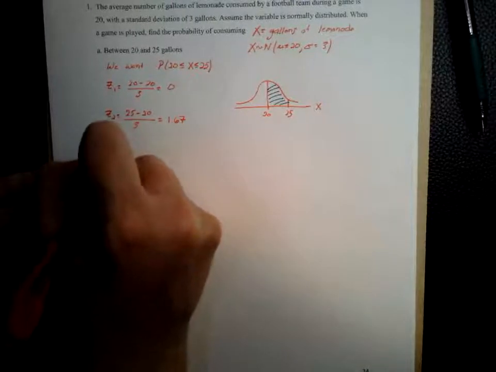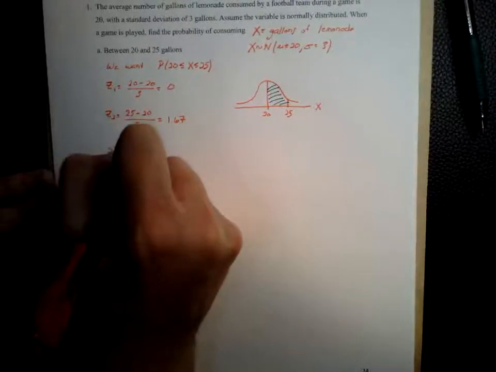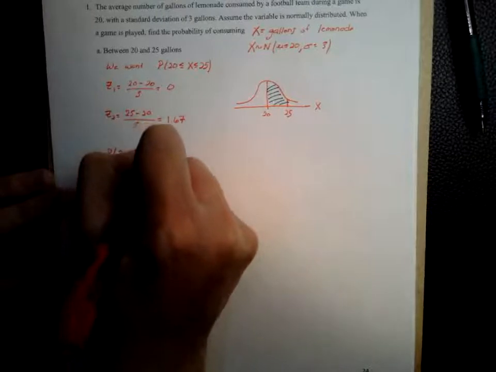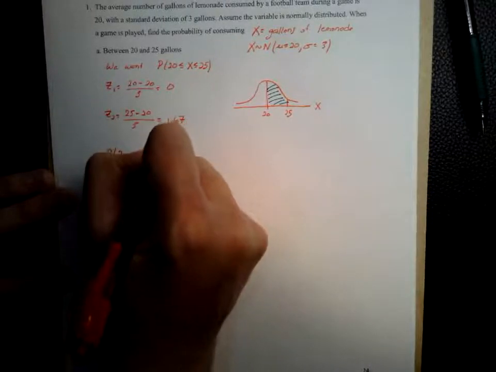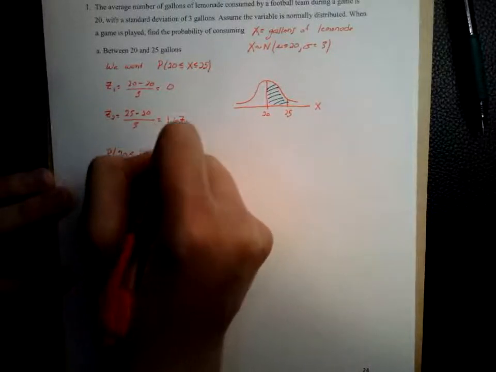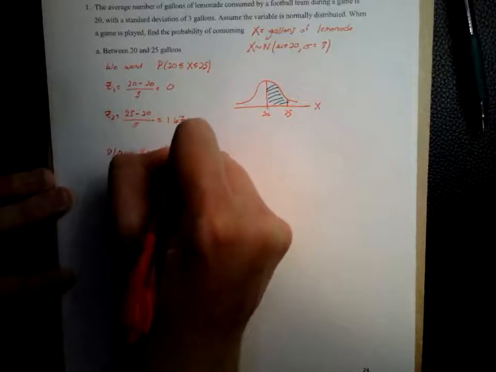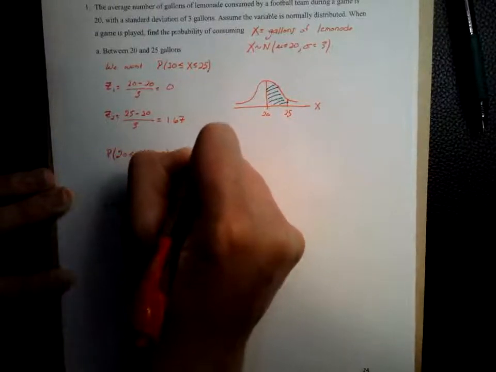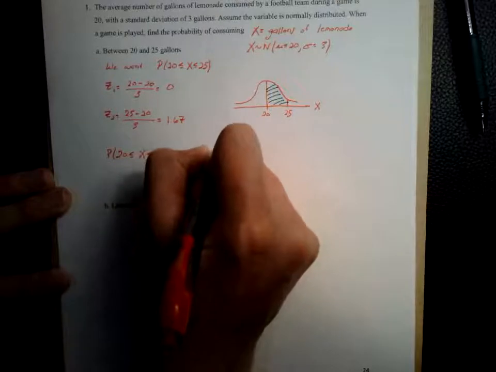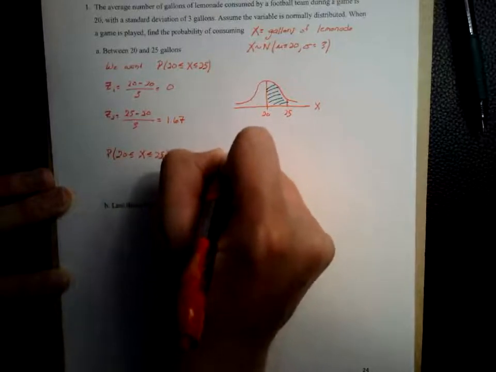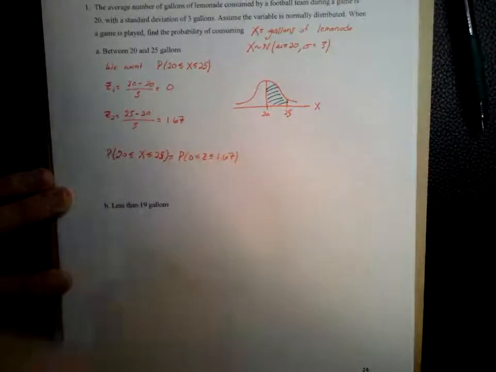Then the probability of X being between 20 and 25 is the same as the probability of Z being between 0 and 1.67.